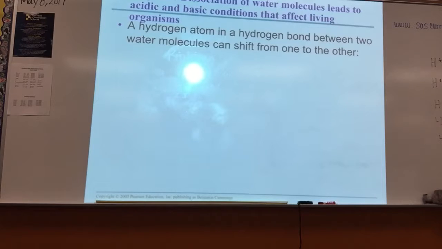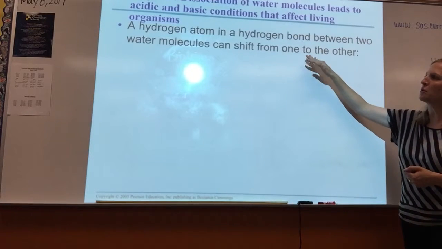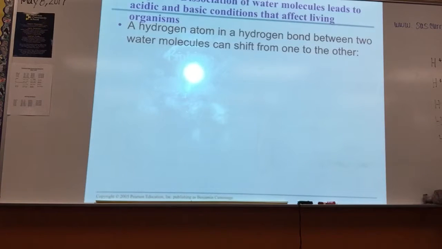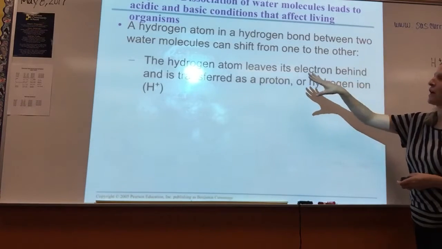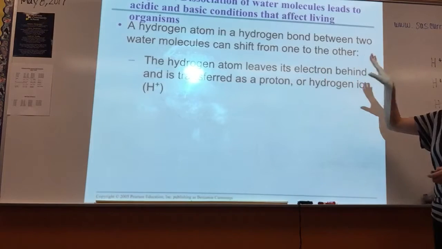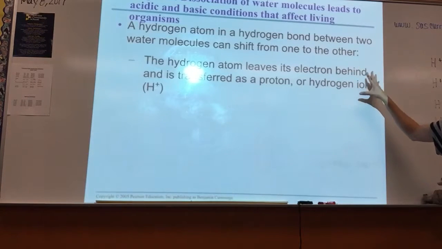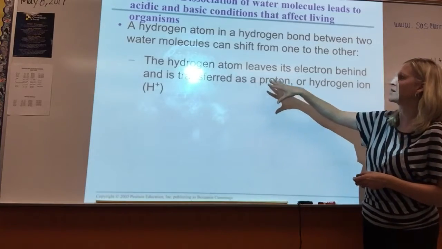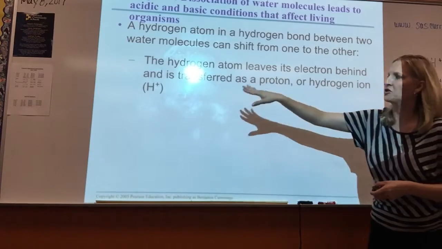A hydrogen atom in a hydrogen bond between two water molecules can shift from one molecule to the other. We're going to write this in words right now, and then I have a picture that more clearly illustrates that. The hydrogen atom leaves its electron behind. Electrons are negative, so it leaves that negative charge behind and is transferred as a proton, or hydrogen ion.